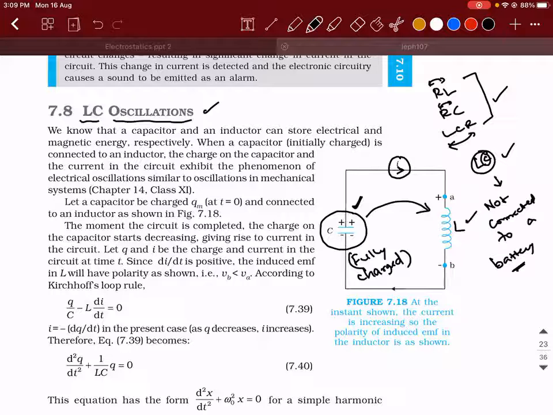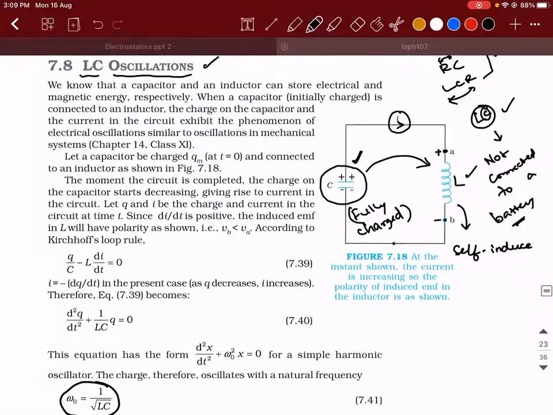What will happen to the inductor? So there will be a back EMF that will get generated, which is also called self-induced EMF.